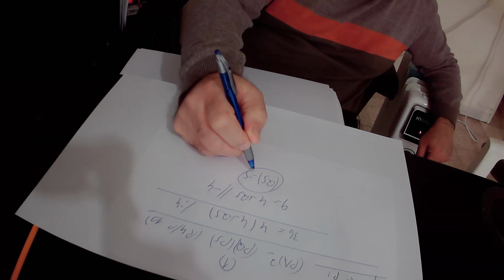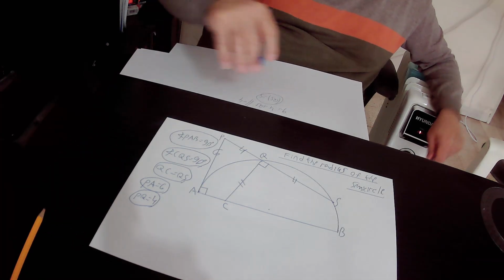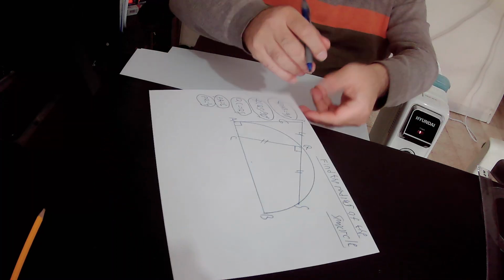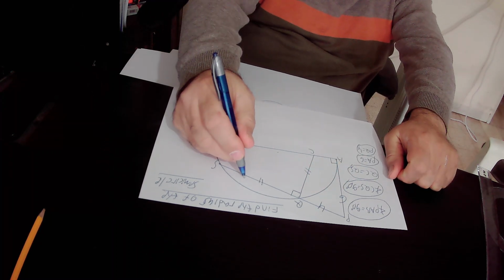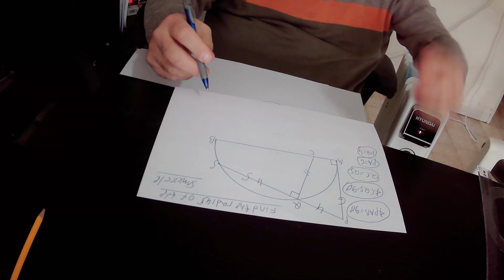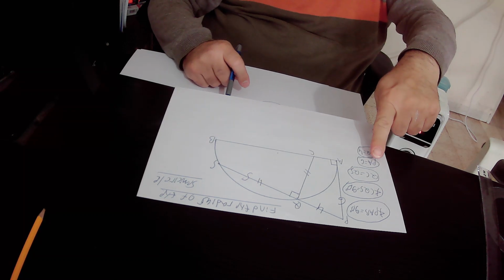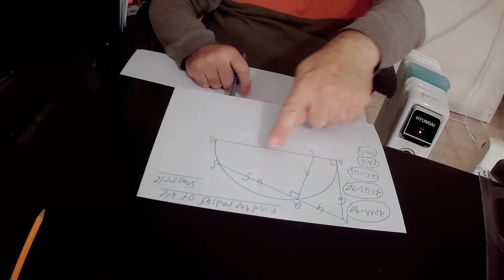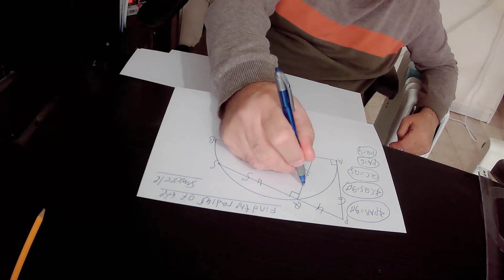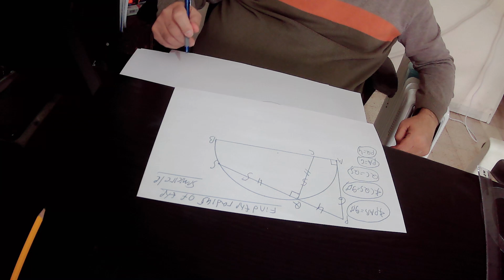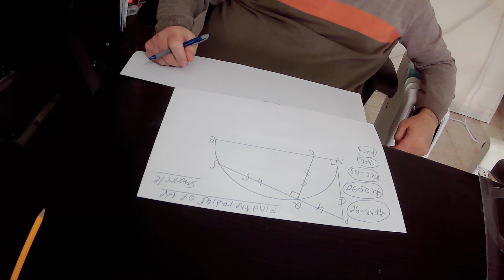So we found out that QS equals 5 units in length, but it is given in the question that QC equals QS, and QS is 5, therefore QC must also equal 5 units in length.